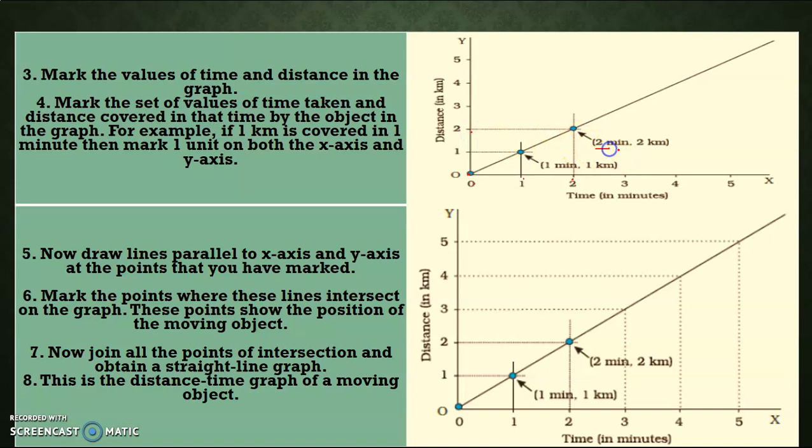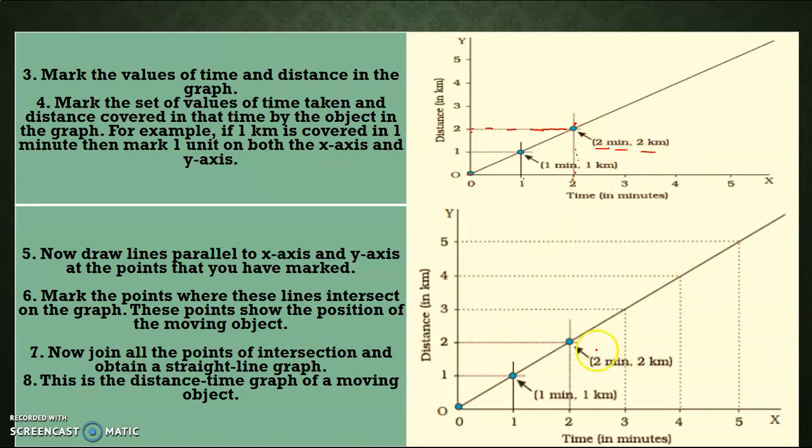So this is the first. On 2 minutes there are 2 kilometers. We will draw a line parallel to the x-axis and a line parallel to the y-axis. Here on this point they will intersect. This is the point which will represent 2 minutes and 2 kilometers.